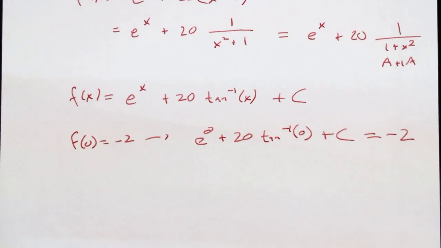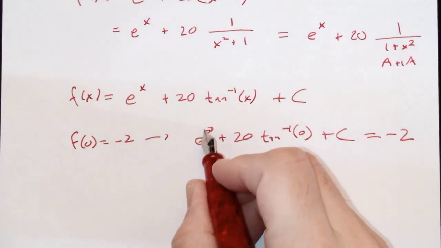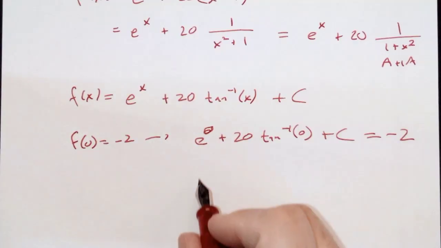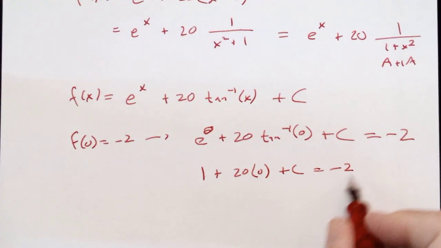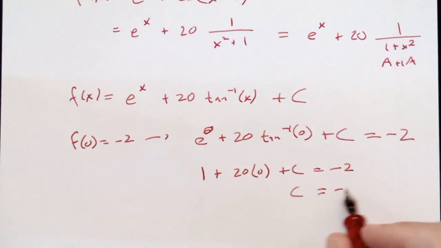Fortunately for me, I have a calculator with a tangent inverse button, but I should be able to remember what's an angle whose tangent is 0. 0 itself. But e to the 0 is 1. And that means that c is equal to -3.